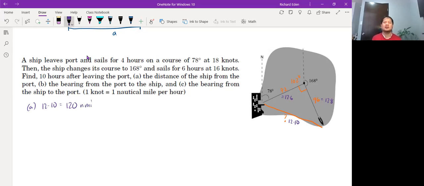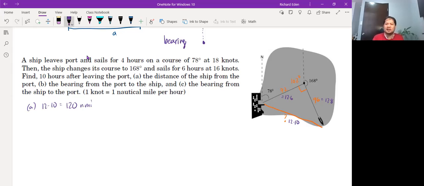Part B. What in the world is a bearing? So the bearing is, from the origin, or rather from the start of the journey, you consider the line going to the north, and then point to where the destination is.